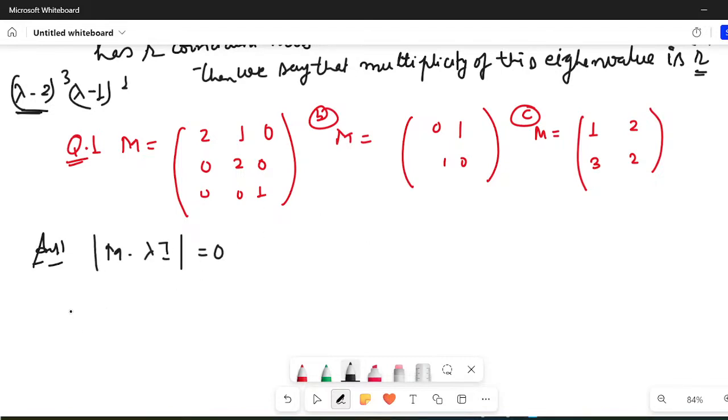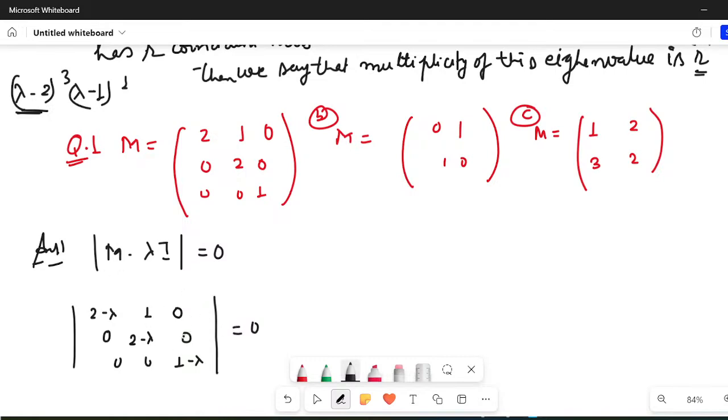If you do that, you will get 2 minus lambda, 1, 0; 0, 2 minus lambda, 0; 0, 0, 1 minus lambda. Take the determinant and set it equal to 0.